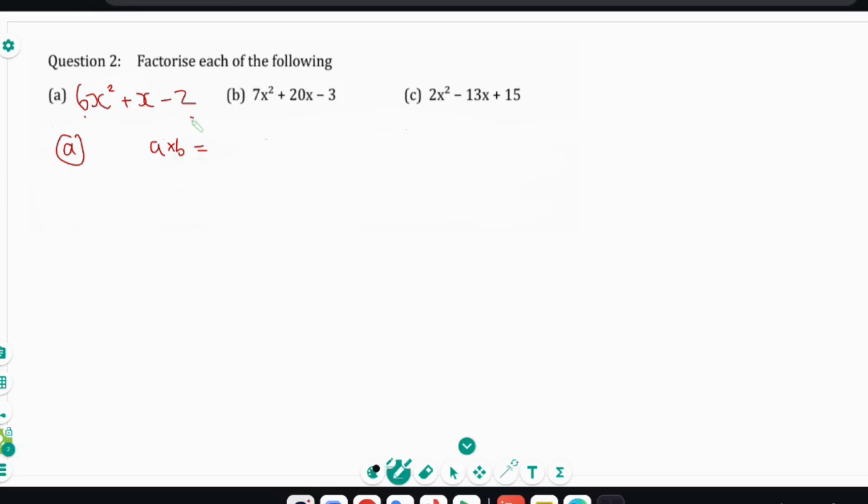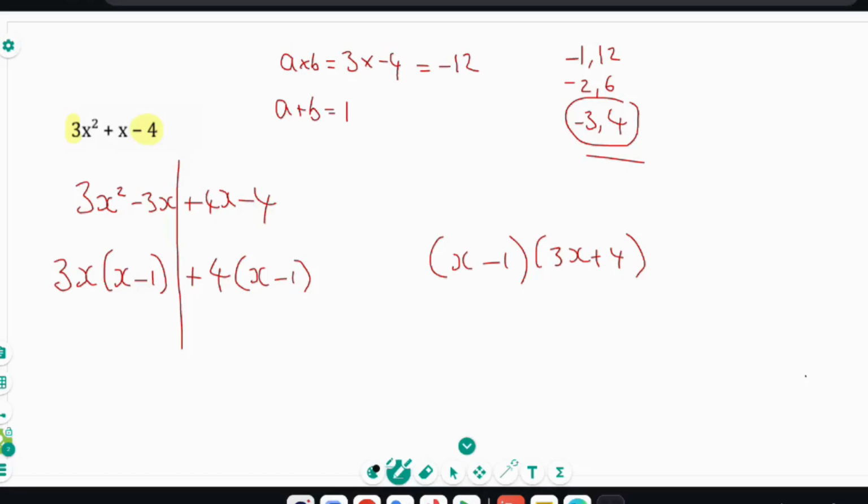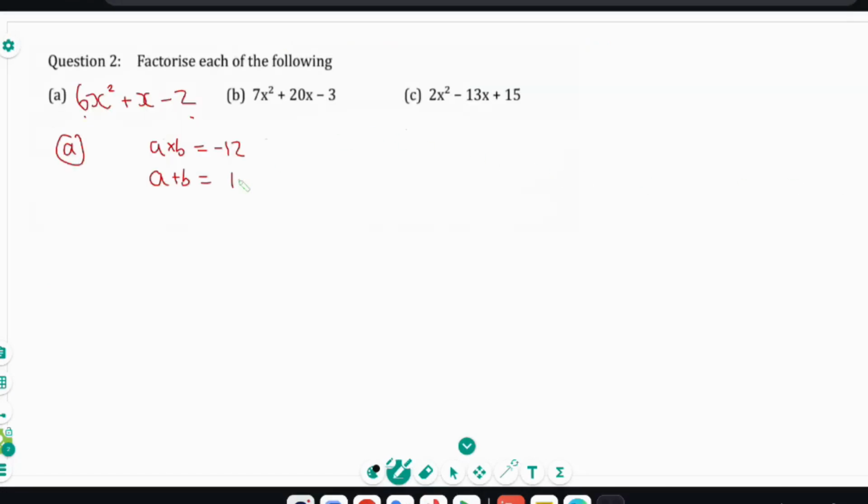So 6 times negative 2 is negative 12. Oh, this seems similar to the last one. I already know from the previous question, it's minus 3 and 4. So we can say 6x squared minus 3x plus 4x minus 2.